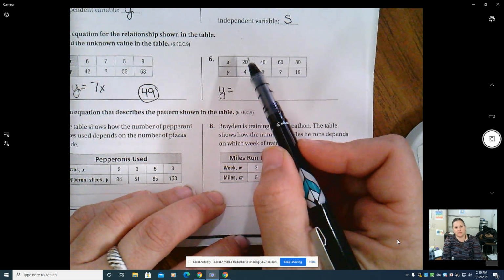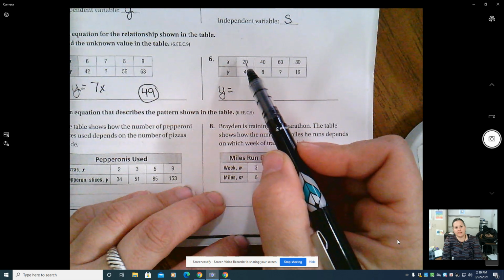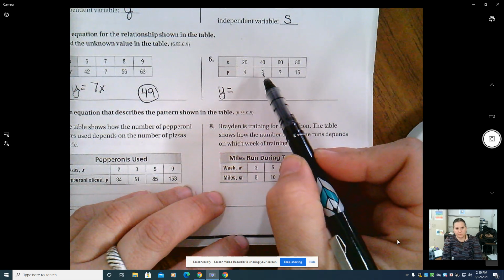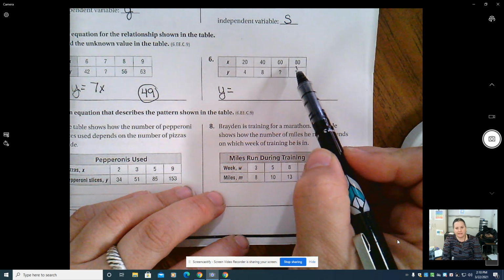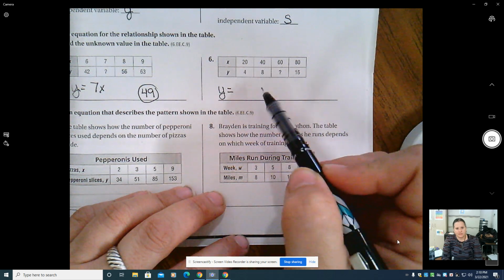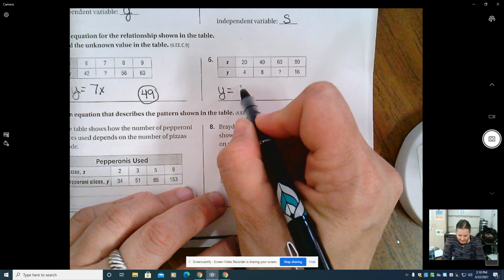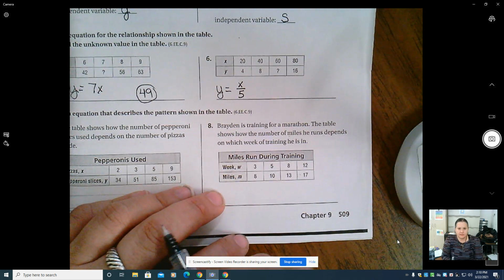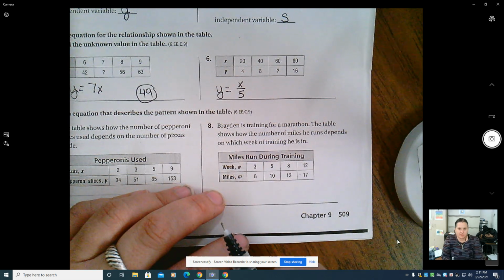Not always, but usually. So 20 divided by 5 equals 4. 40 divided by 5 equals 8. And 80 divided by 5 equals 16. So I am going to take my x and divide it by 5, and I'm going to see what my answer would be for y.